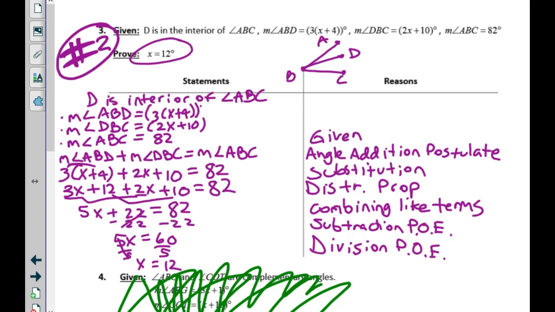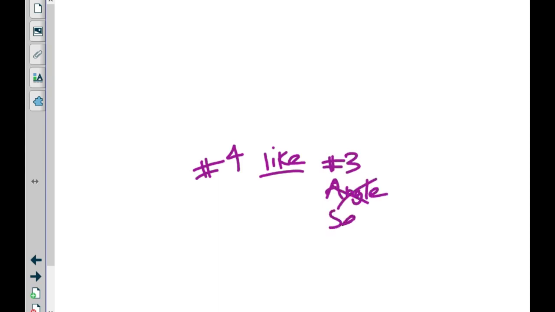And when you get to number 4 on the assignment, 4 actually reminds me, it's similar on the assignment to number 3 on the notes. But instead of angle addition postulate, it's segment addition postulate.